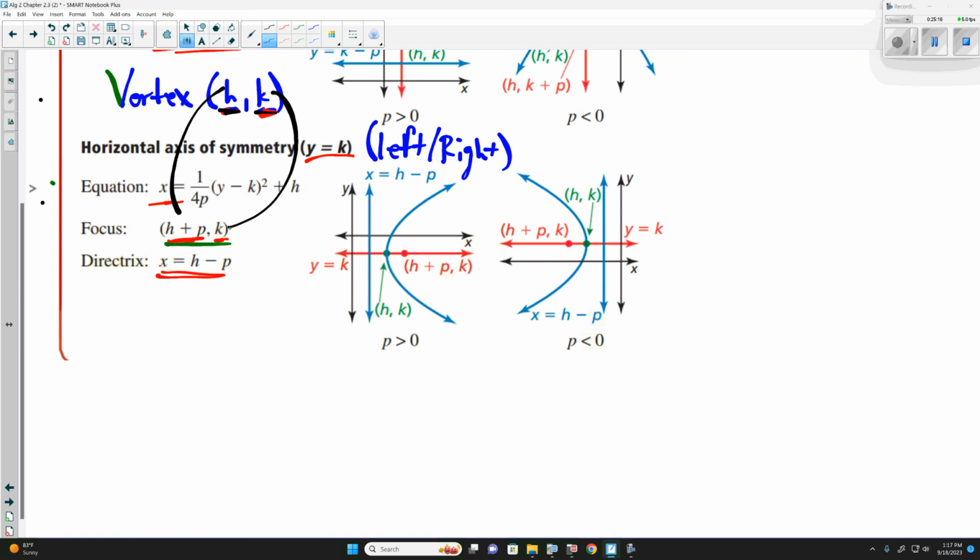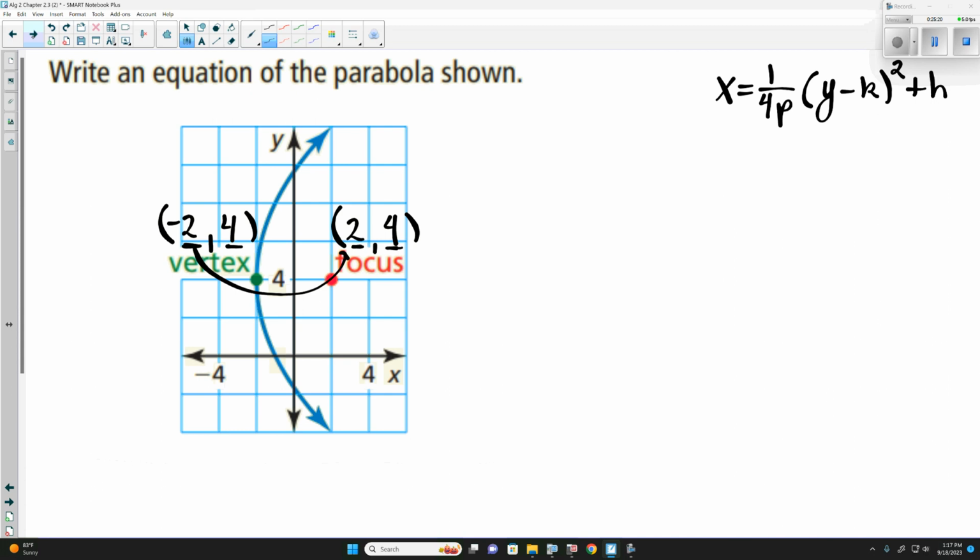Because of that, we can say that it is our x equals, because it's opening left or right. Those values will also tell us which one it is. Questions on that there? Because again, we're looking at what is changing. So if I looked at this here, the x value is changing. It's not so much that it's going from negative to positive or positive to negative.